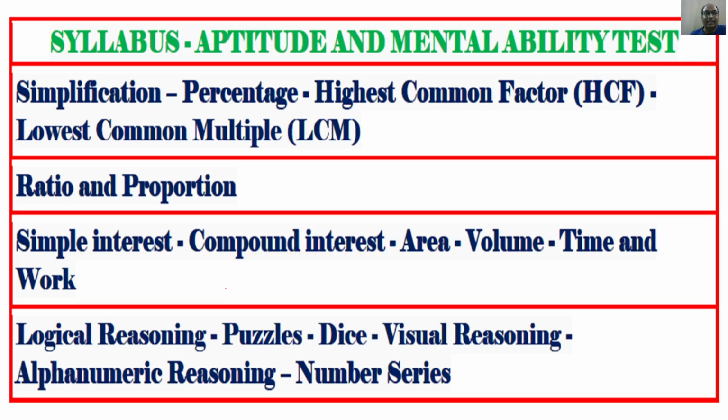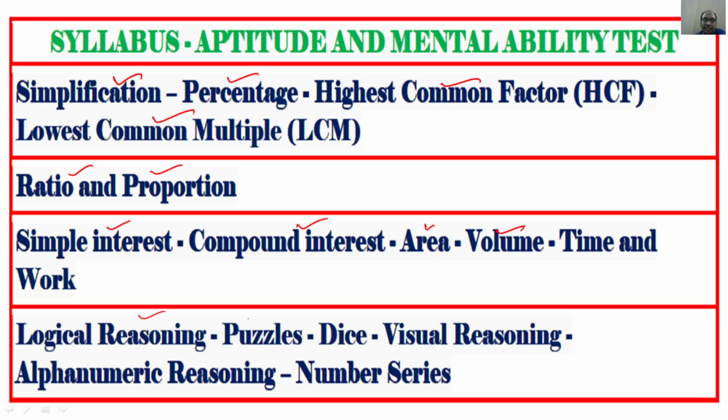Simplification is touched, percentage is also touched, highest common factor also, lowest common multiple also. So we can see that from each and every part a question came. Ratio and proportion also, simple interest, compound interest, volume is touched, time and work, okay, fine, it is not touched. Finding out area also is not touched.